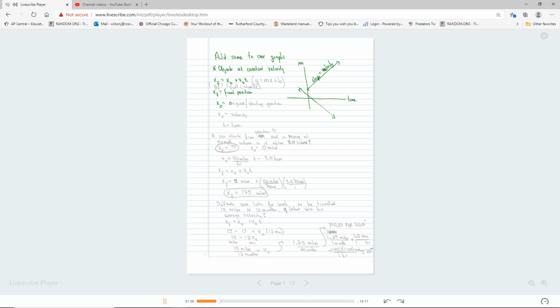X naught is going to be original or starting position. V is going to be our velocity, and t is going to be time. So we'll be using those symbols for the rest of the year, so might as well go ahead and label them all today.